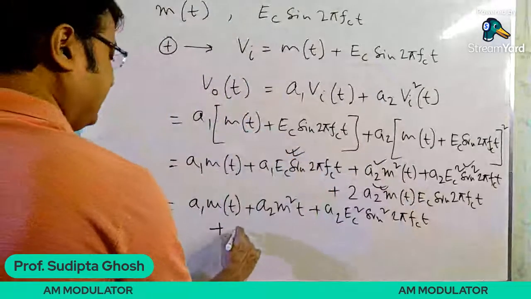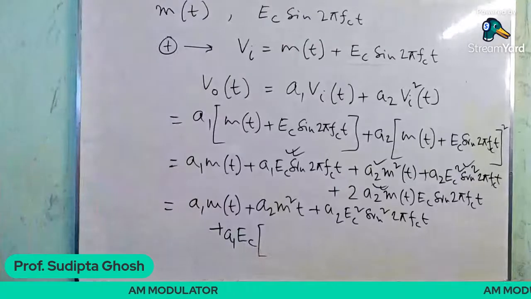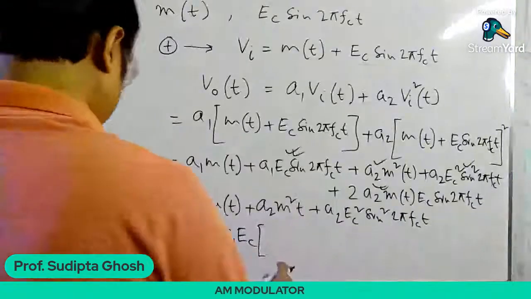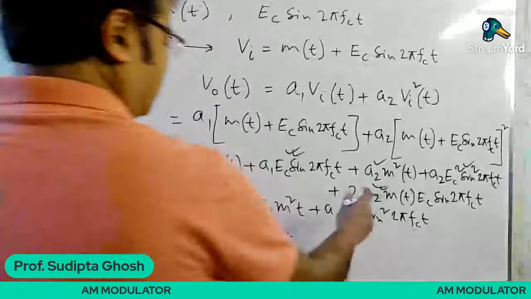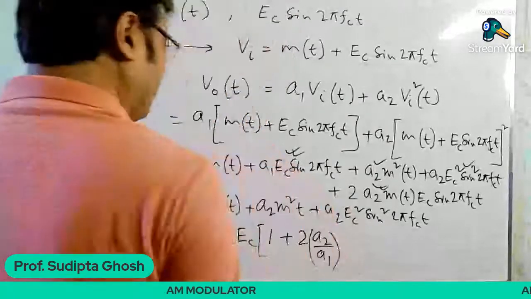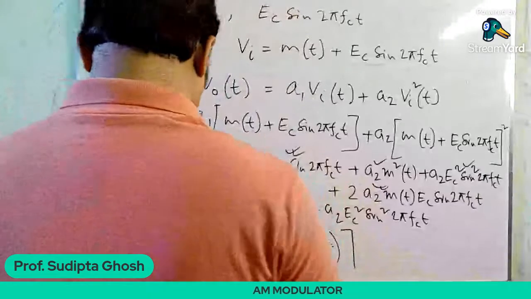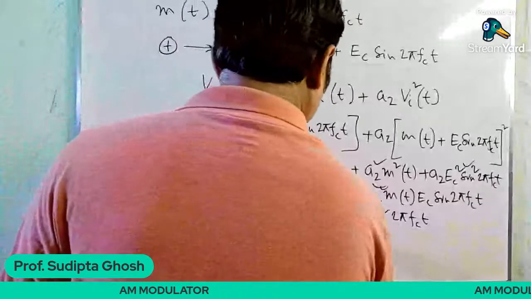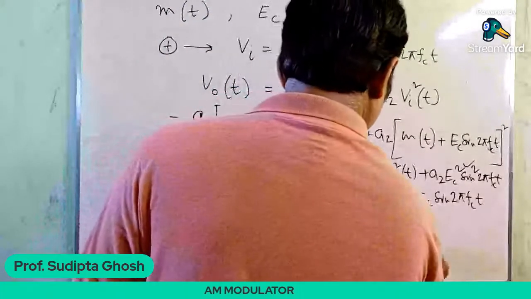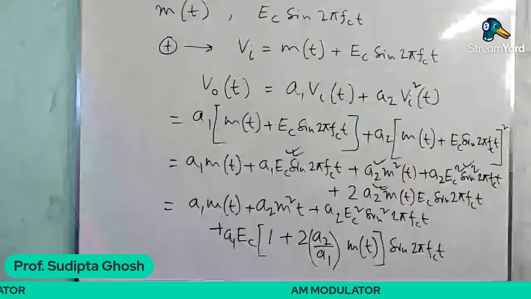I am taking A1 EC, a constant, as a common term, and then what we have is 1 plus twice A2 by A1 into MT, and after this sine 2 pi FCT, as sine 2 pi FCT is there for both the terms.